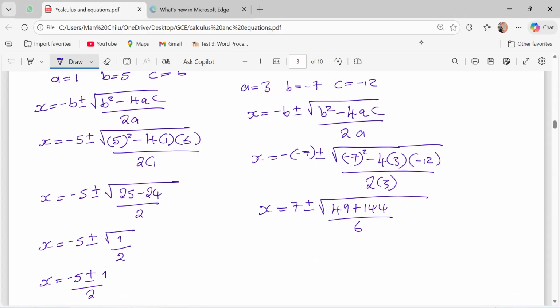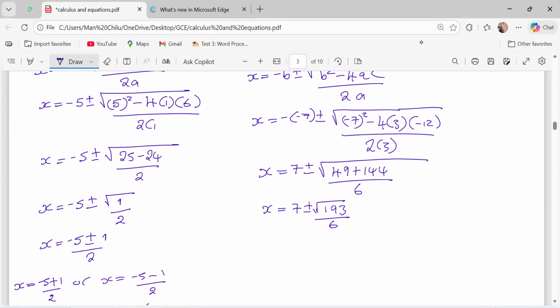So our x will be equal to 7, positive or negative, 49 plus 144. We are going to get a square root of 193 over 6. So the square root of 193 will give 7, positive or negative, 13.89, over 6.